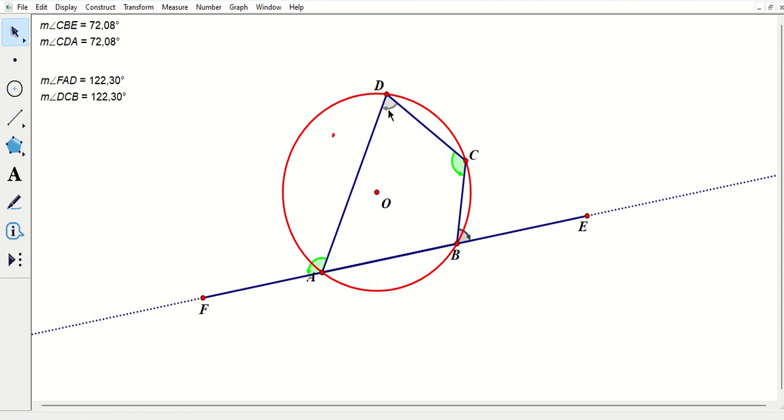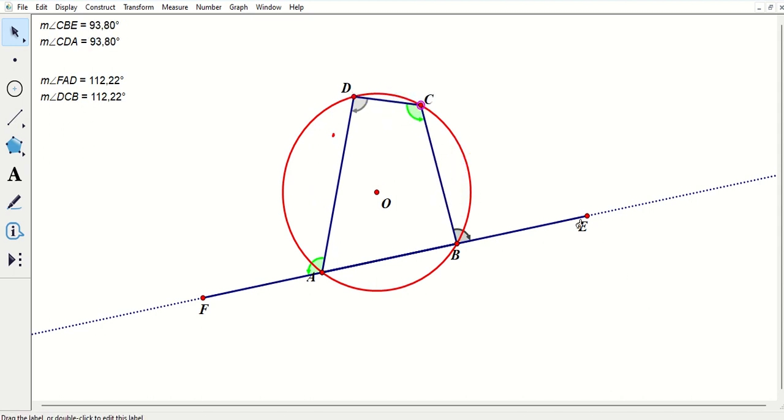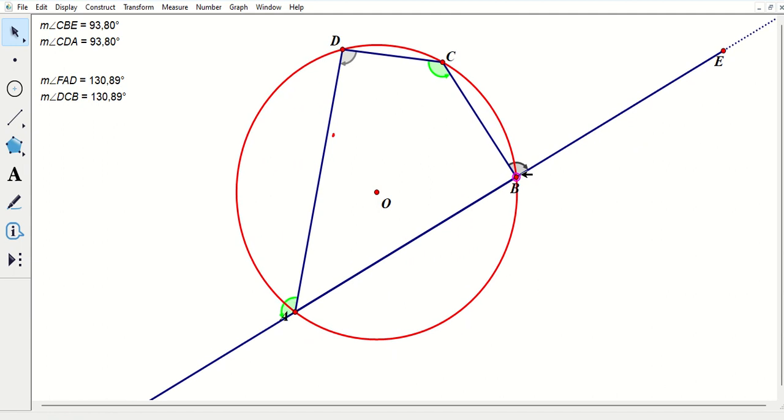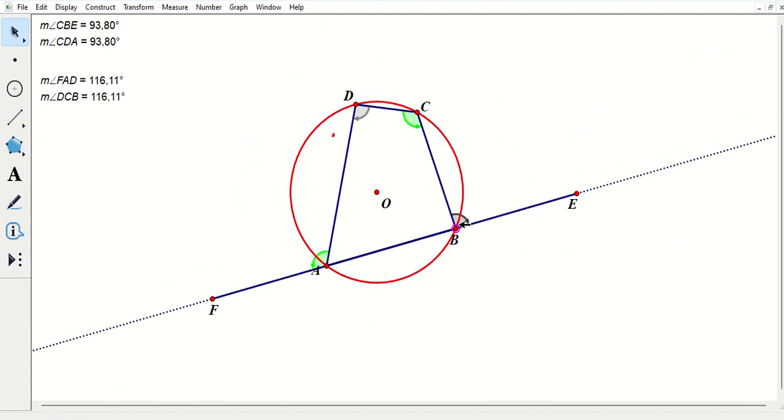So join me again in the next video as we explore the proof of this theorem, stating that the exterior angle of a cyclic quad is equal to the interior opposite. And the relationship stays the same whether I move the points or I move the lines. The relationship stays the same no matter how much I move the angles.